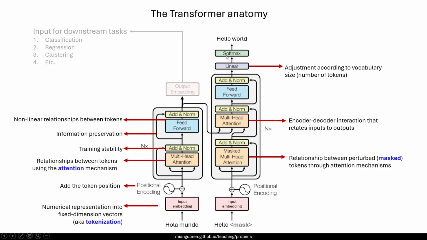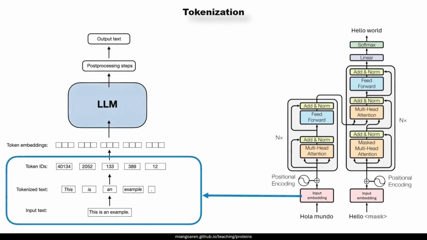And then we go through an activation function, a softmax, to obtain the probabilities of each of these tokens, which we can interpret as a word, and which in this case predicts the token as the most probable because it was related throughout the training process as an equivalent to hello world. So once we have seen very briefly how the architecture of the transformer works, we are going to review it in detail so that it is super clear.